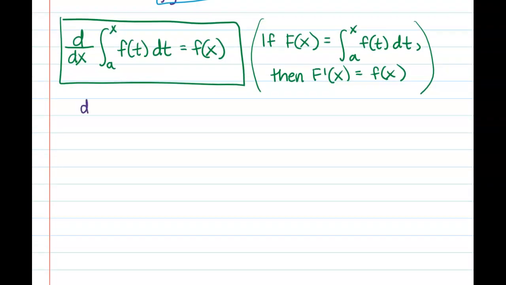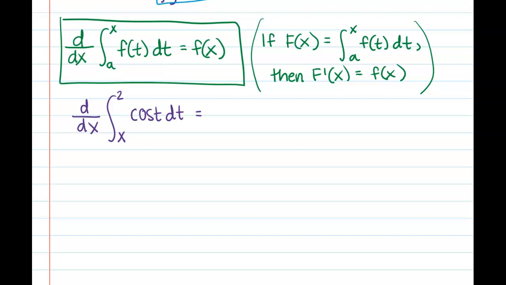So then if we want to take the derivative of the integral from x to 2 of cosine of t dt, if you recall the properties of definite integrals, when we flipped the limits, the sign changed, the sign became opposite.